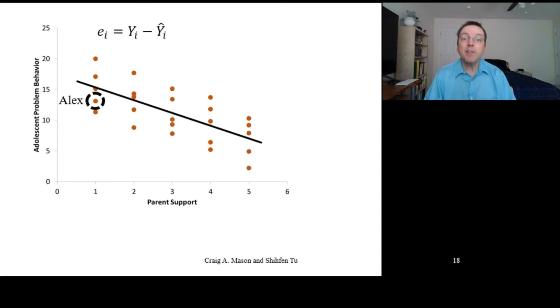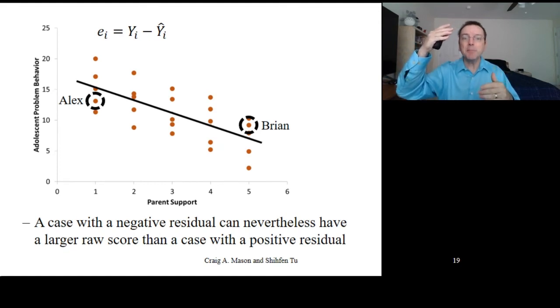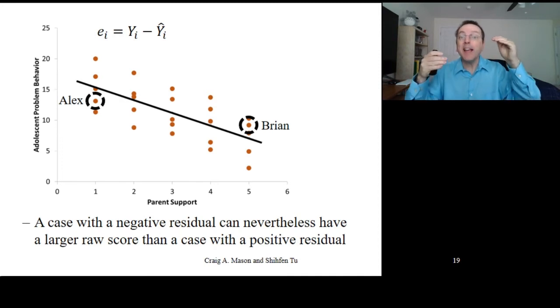In contrast, we have another student, Brian, who has a positive residual because his behavior problem score is higher than expected given his level of parental support. In terms of residuals, Brian's residual is clearly greater than Alex's because his is positive and hers is negative. But notice that in terms of the actual behavior scores, Alex, even with her negative residual, has a larger score. Alex has more behavior problems than does Brian.